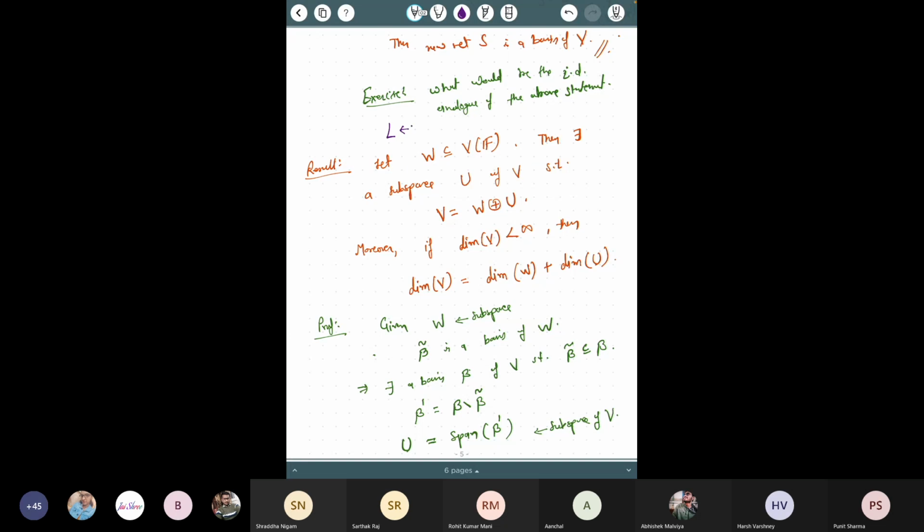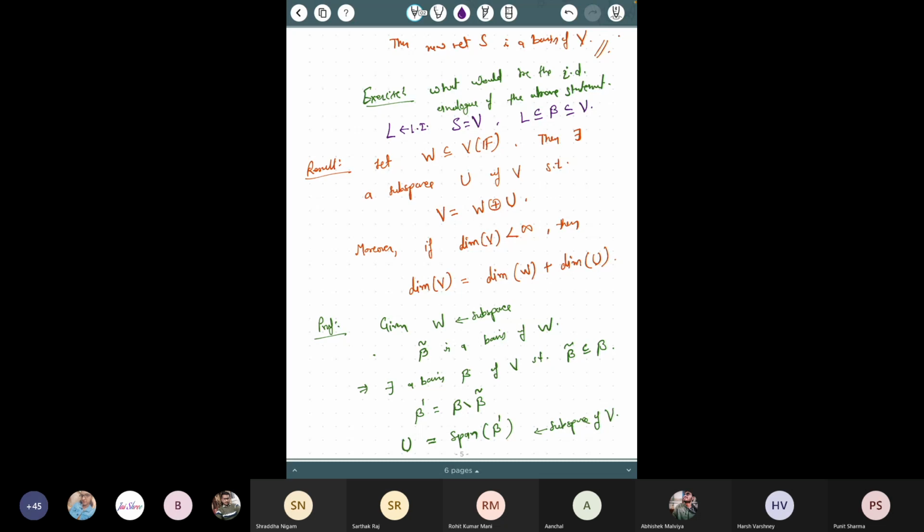You take this L as a linearly independent set and S as V itself, then you know by Zorn's lemma there exists a basis B, such that L is a subset of B and B is a subset of V. So for infinite dimension, by that you mean that you can always find a basis B such that L is a subset of B.